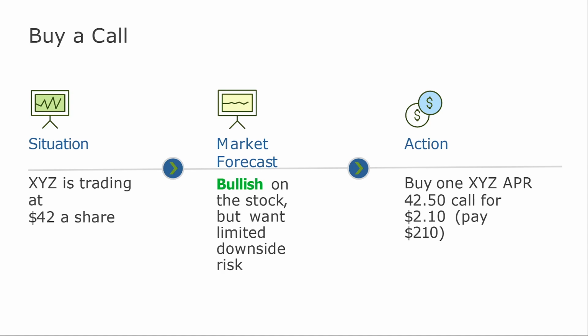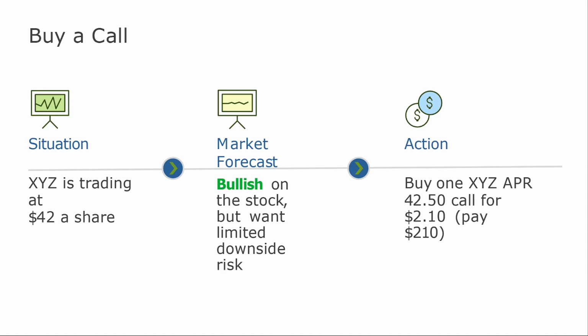For this we are going to buy one contract of XYZ on April, and we will say that 42.50 is going to be the strike price. And for this we are going to pay a premium of $210.